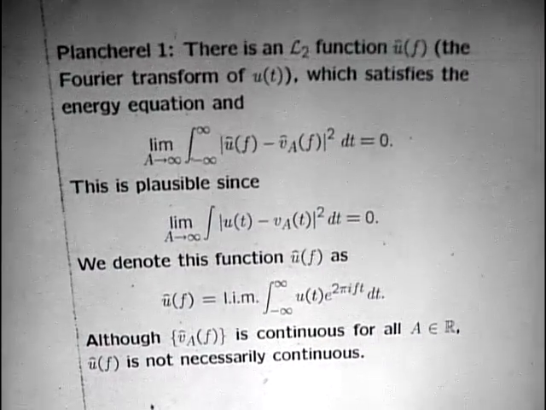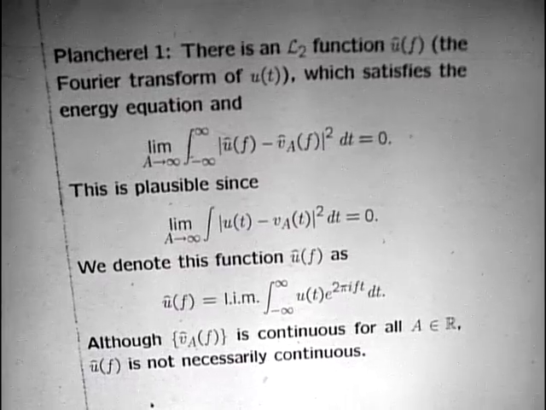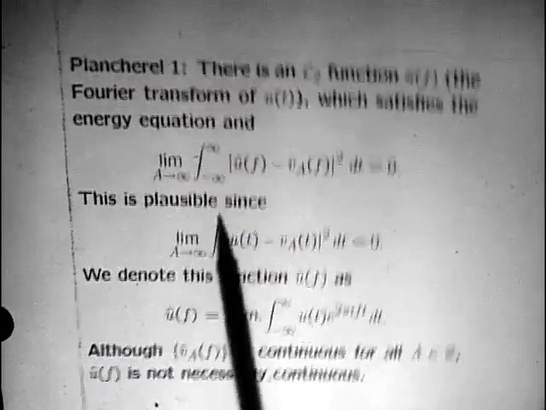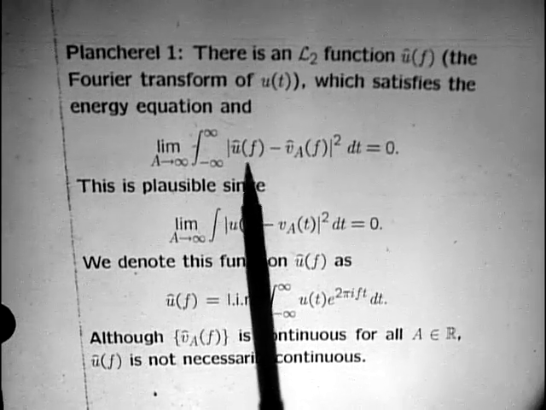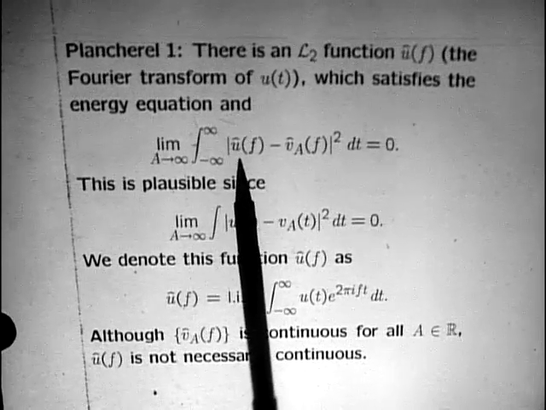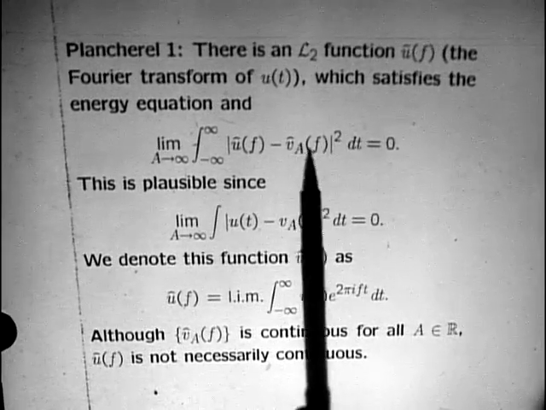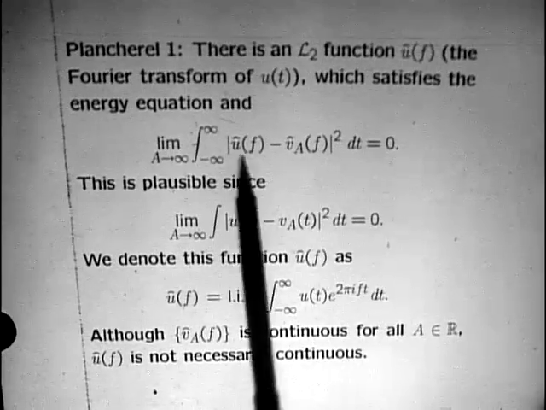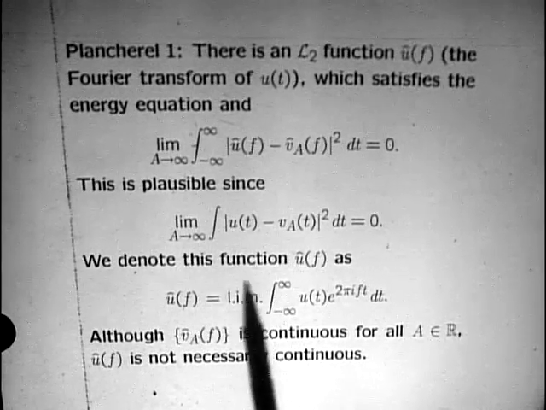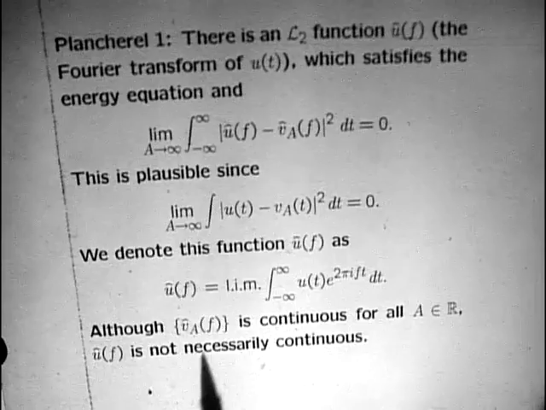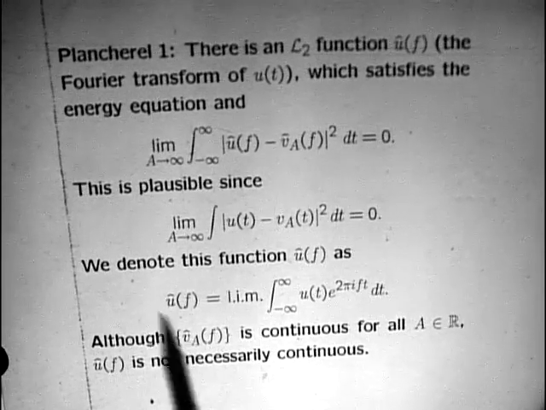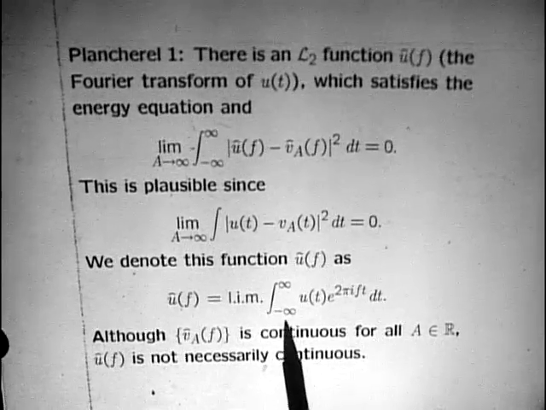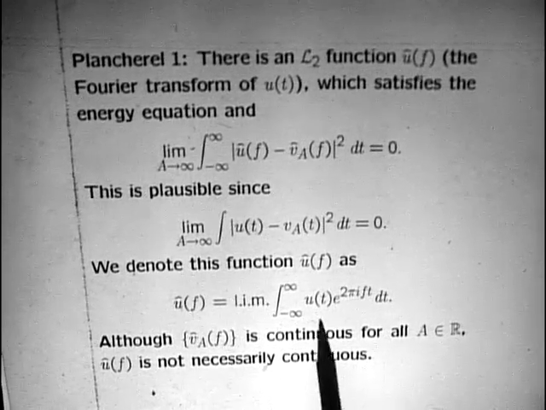I don't know. But anyway, the first part of Plancherel's theorem says that this function exists, and you get a handle on it by taking this transform, making A bigger and bigger, and it will converge to something in this energy sense, and bingo, when you're all done, this goes to 0. We're going to denote this function as a limit in the mean of the Fourier transform.